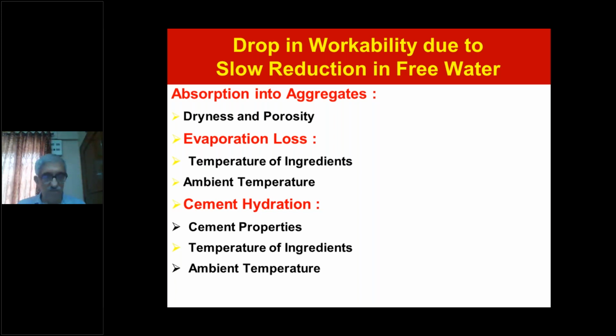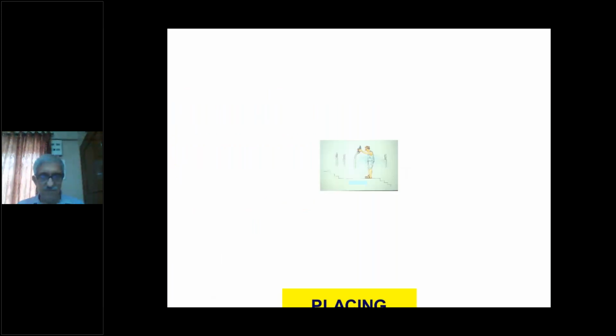And that is very good because aggregate is the maximum quantity of materials in the mix. And the temperature needs to be controlled. You cannot help if the ambient temperature goes up or comes down because that is nature. But you can certainly control the water to cement ratio accurately if you consider all these aspects.